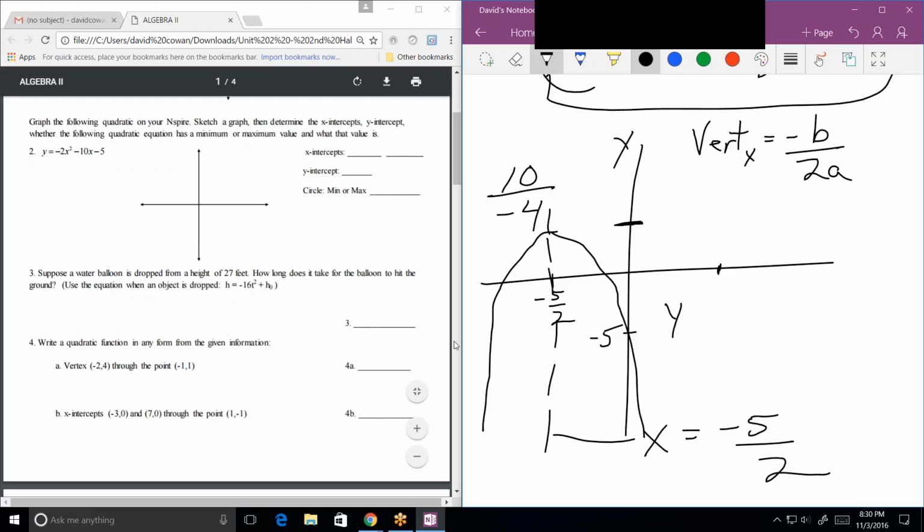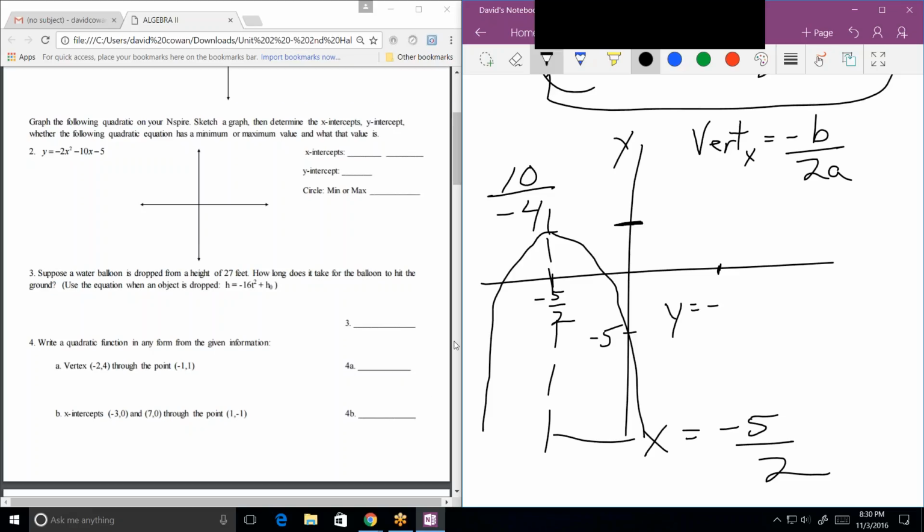So y equals, and again, I always recommend doing this very, very deliberately like I'm doing now, because it is so easy to make a mistake when you have all of these minus signs. Hold on. Already made a mistake.